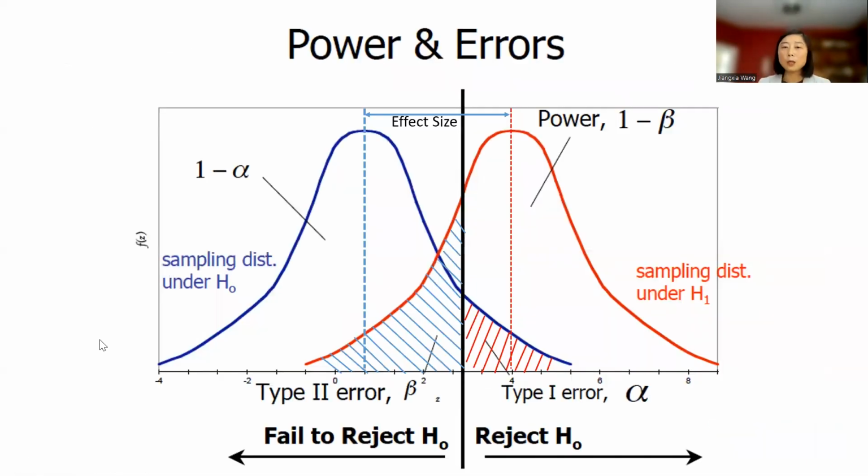If you want to see all these parameters in a visual presentation, I'm showing you here how those parameters fit in a statistical test. Here you see two distributions. The blue curve is the sampling distribution under the null hypothesis, which means there's no effect for the treatment.